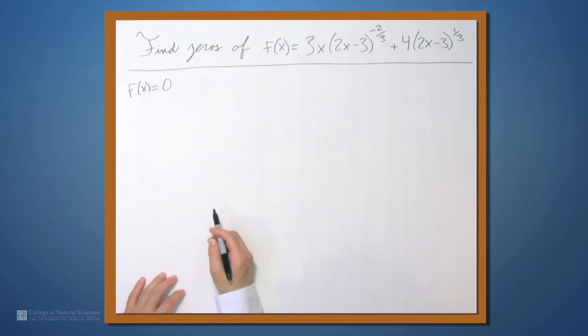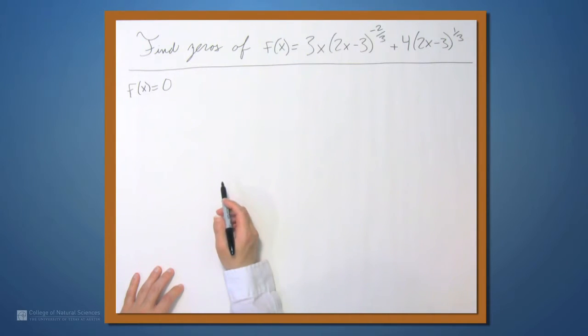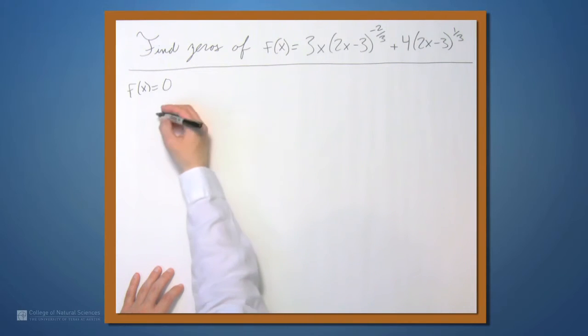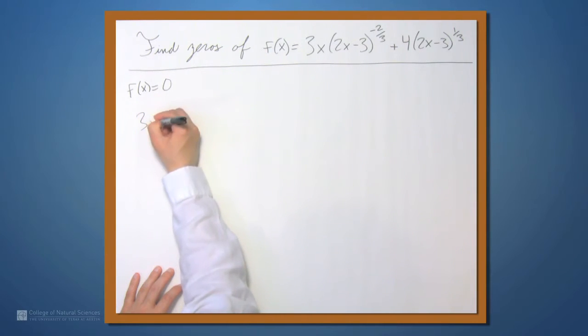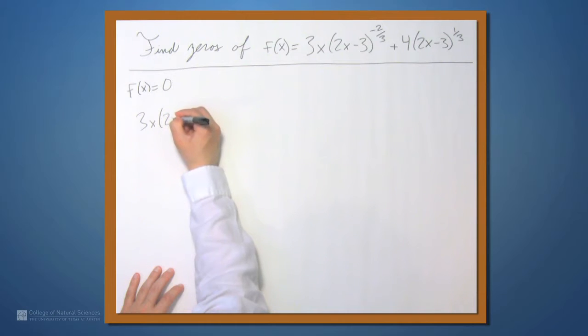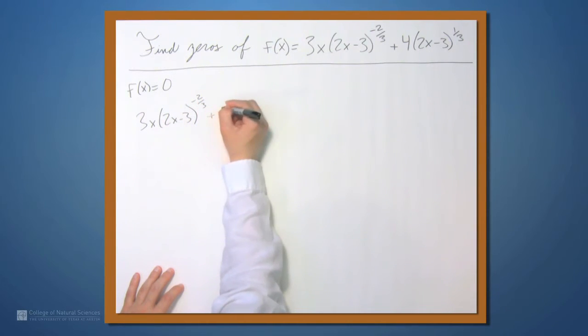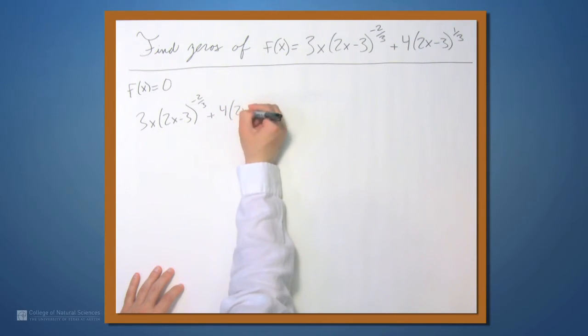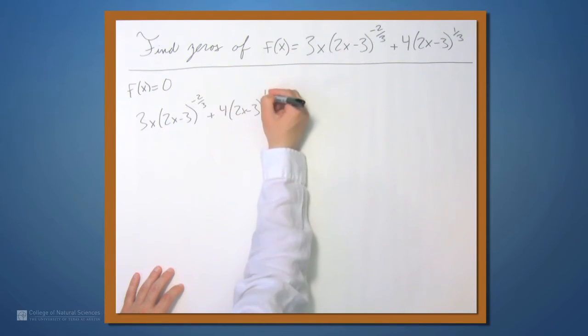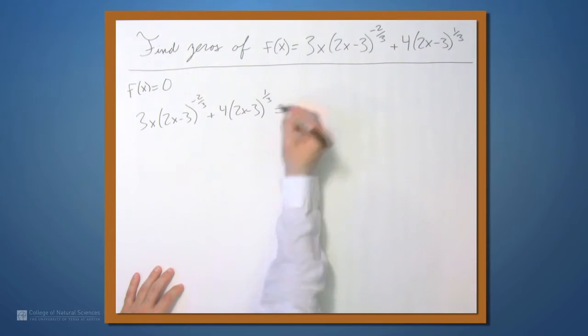So let's rewrite this function and see that a little bit more clearly. We get 3x times (2x - 3)^(-2/3) plus 4 times (2x - 3)^(1/3).